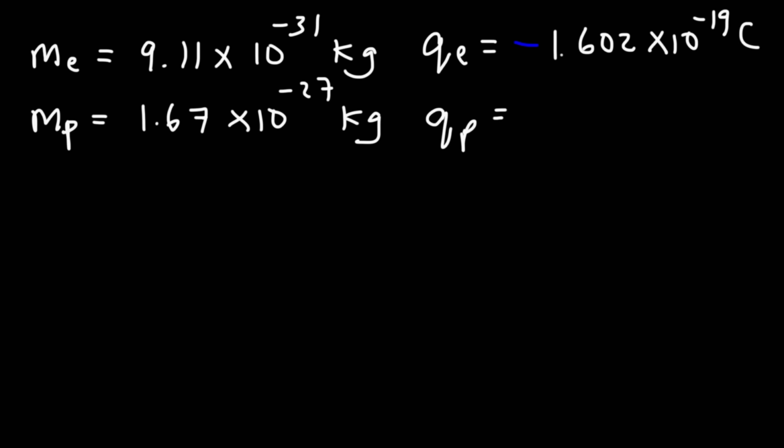The charge of the proton is going to have the same magnitude but the opposite sign. It's going to be positive 1.602 times 10 to the negative 19 coulombs. So those are some numbers that you want to be familiar with when working on problems associated with electric fields if you're dealing with protons and electrons.